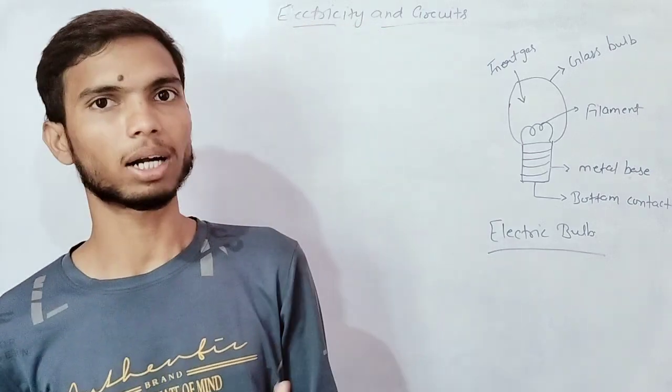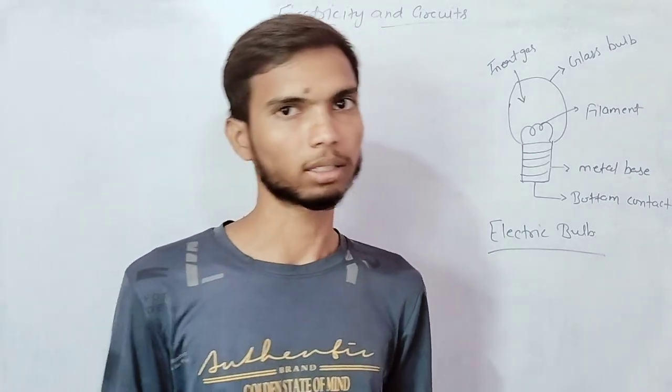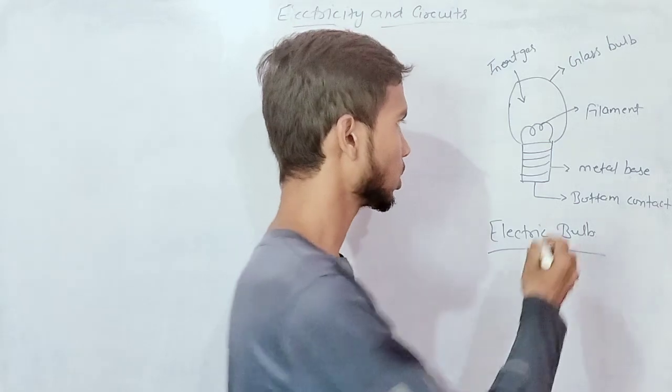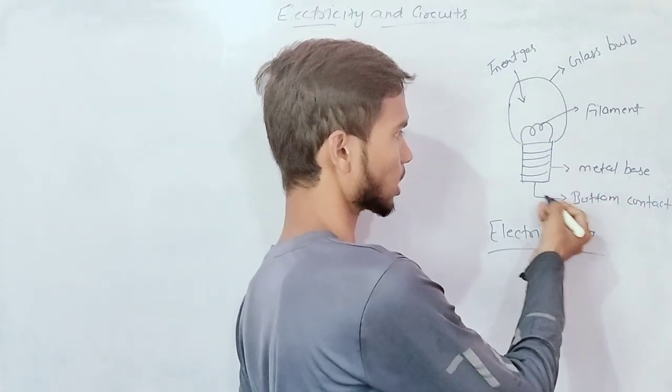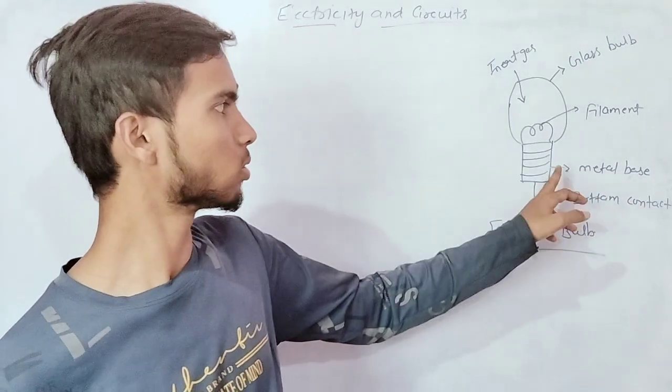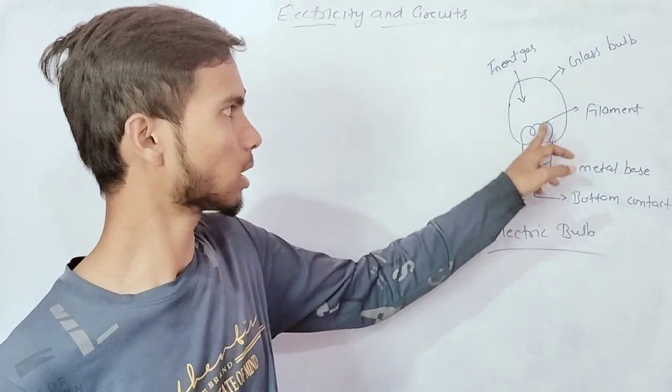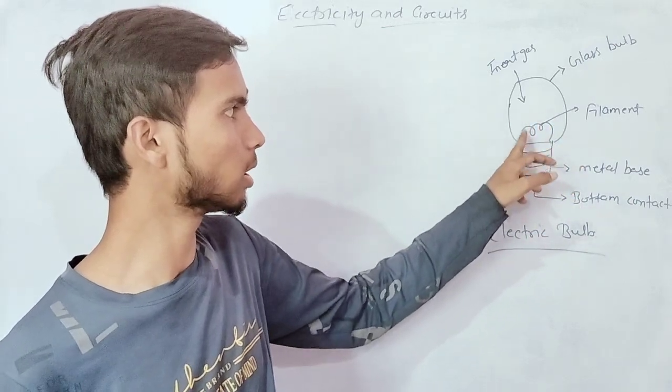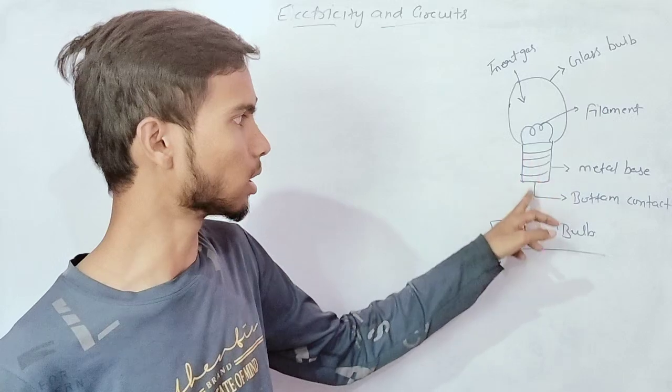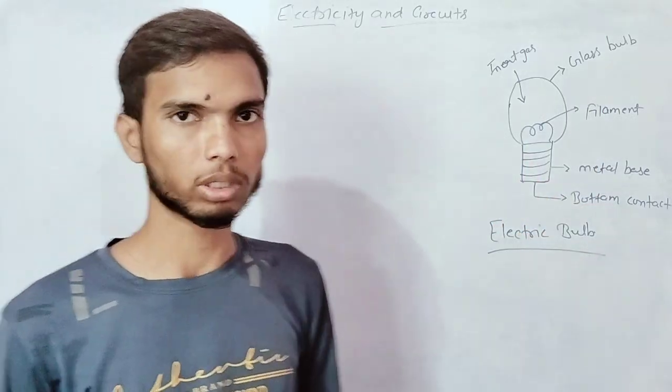That's how it provides us light. So this is the first terminal, this is the second terminal. It will start from here, then here it will glow up. This bulb will glow up, and then it will come out like that.